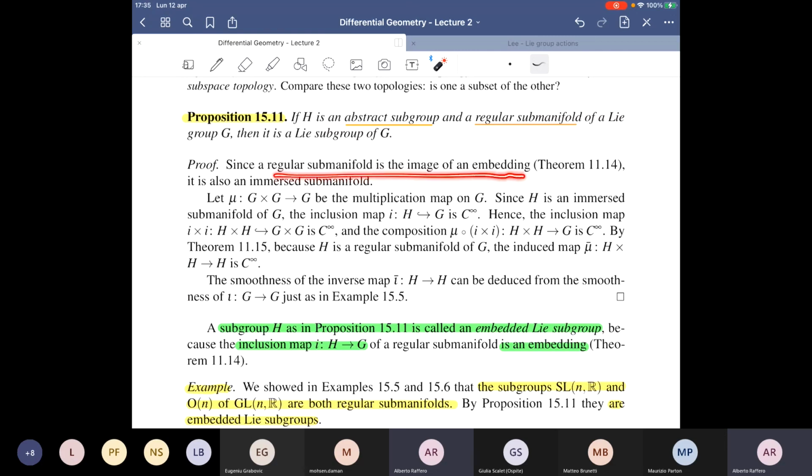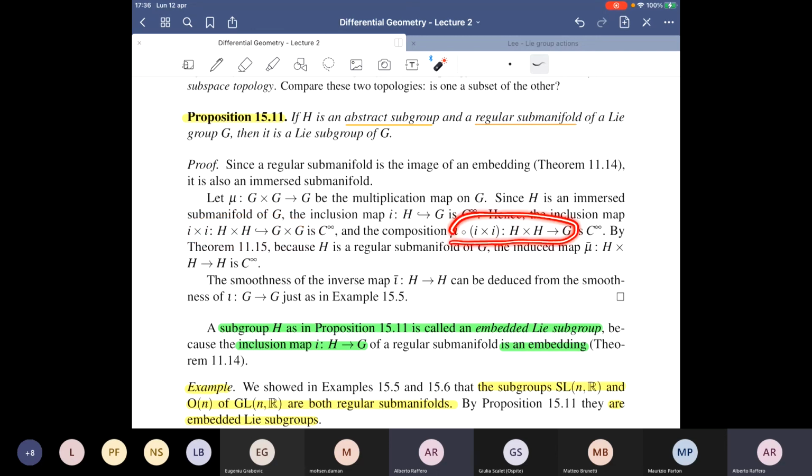A regular submanifold is the image of an embedding. You saw this last time. So if you consider the multiplication map, you can restrict it to H cross H. You will get a smooth map by composing the immersion of H cross H inside G cross G and the multiplication map.